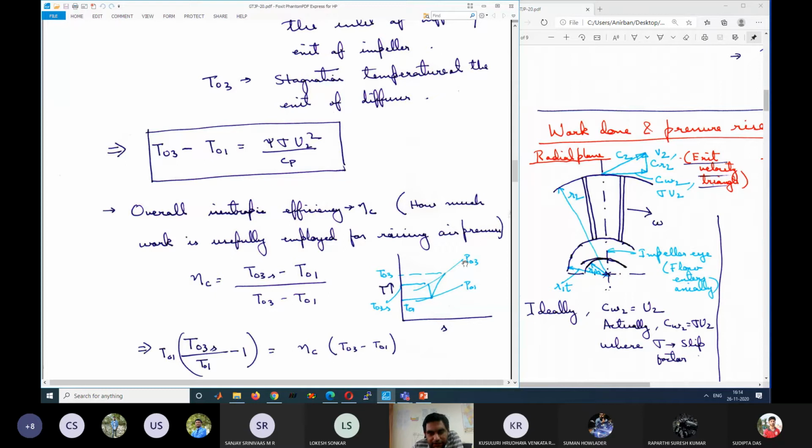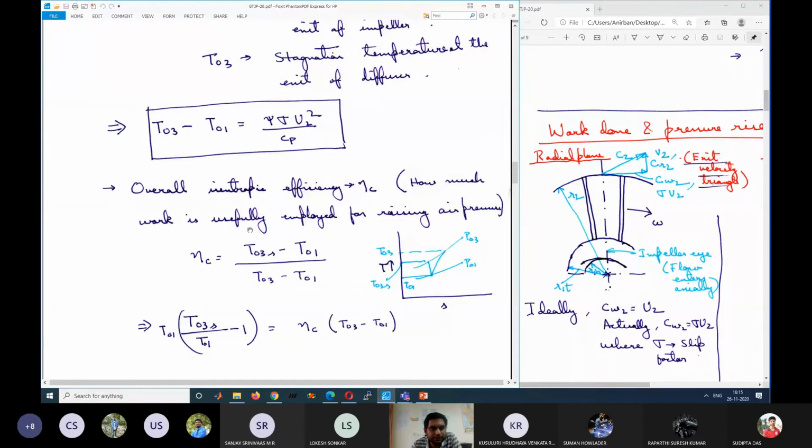But to calculate the pressure, we have to take into account the overall frictional losses in the compressor, and that is given by the isentropic efficiency eta C, which is a very familiar relation to us. Eta C is (T03s minus T01) by (T03 minus T01). This relation gives us the relation between T03s, the isentropic temperature at the exit of the compressor after the diffuser, and the actual stagnation temperature at the exit of the diffuser.